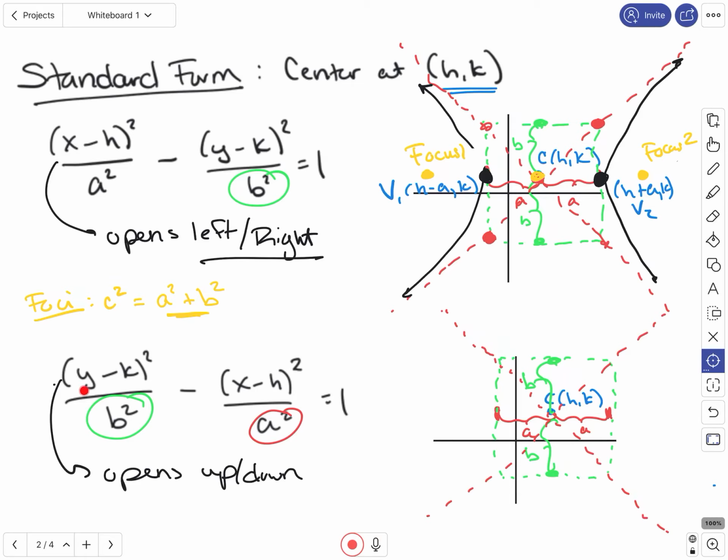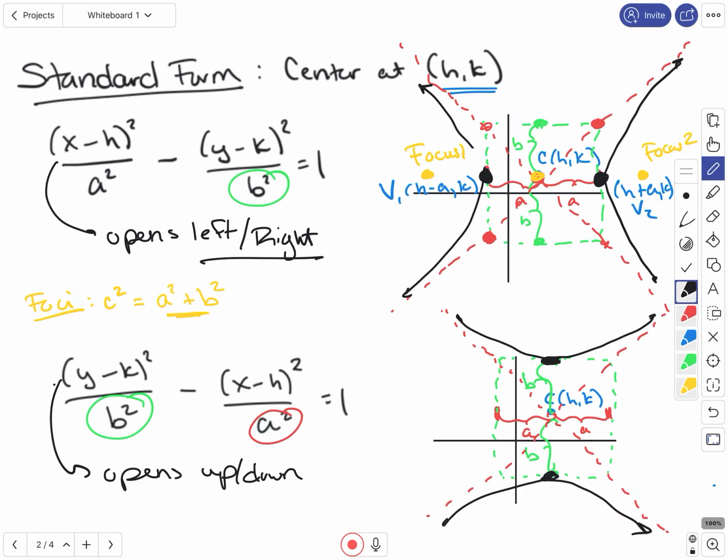So for the second form, when y comes first and is positive, this graph will start on the top edge of that box and open side to side, and on the bottom edge of that box and open down side to side. Vertices for this would be here and here. So start at your center, and we move b units up and b units down.